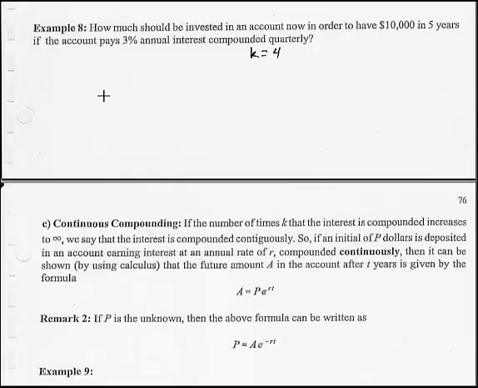You could use the same formula that we just did, but A is now going to be 10,000, and the P we don't know. Okay, let me write the full formula out. A equals P times 1 plus R over K to the KT.